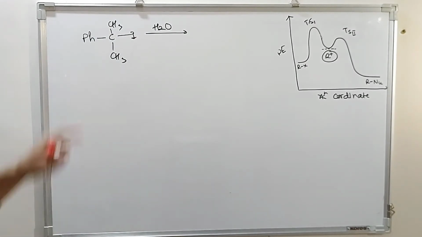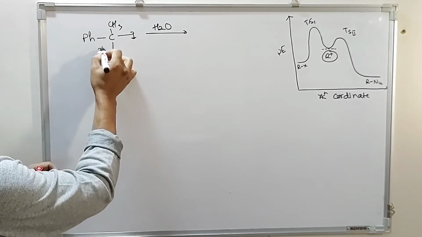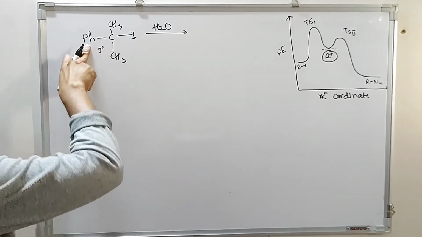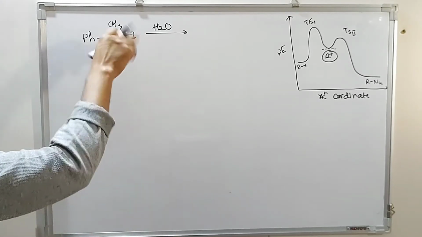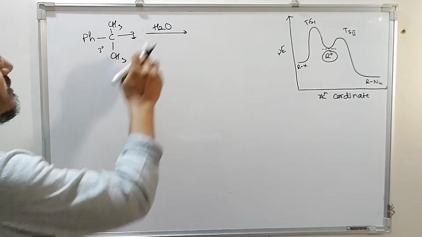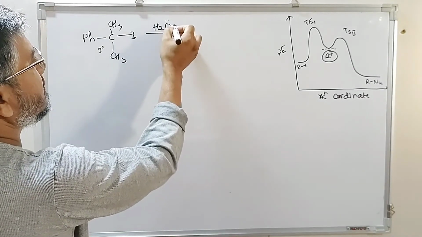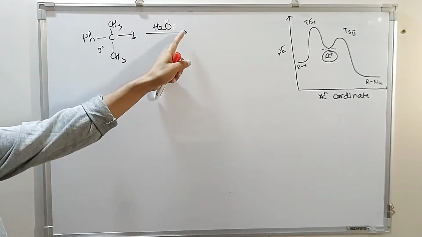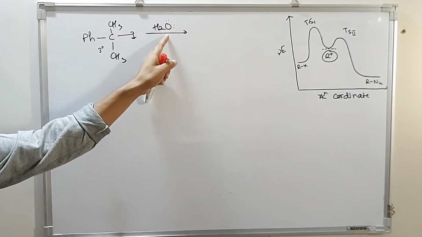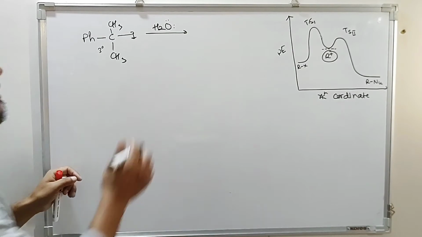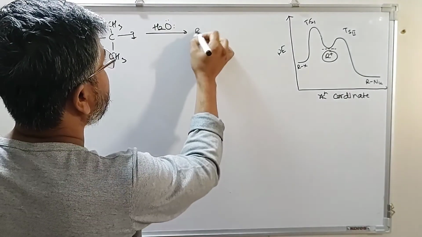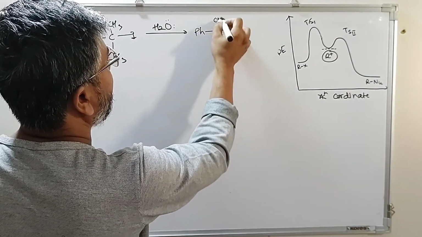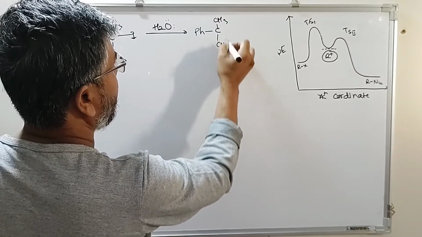So if you look, this is tertiary and this is also a benzylic system. So this is much more stable. So these react with water. Water is a solvent here. The oxygen of water contains two lone pairs of electrons. So this solvent itself is acting as a nucleophile, and this replaces I minus, and this gives you the OH compound.